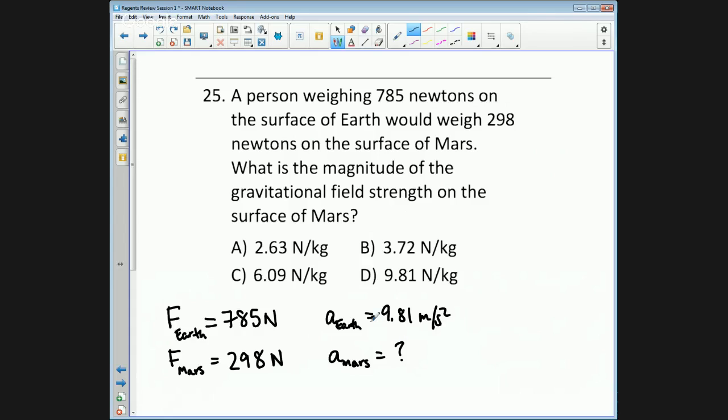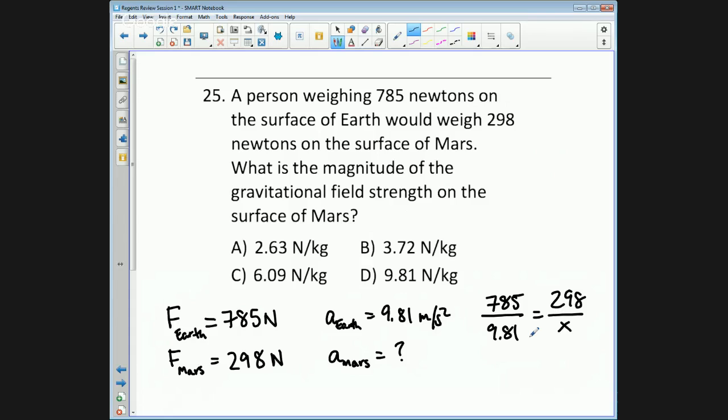You can solve for the mass and then plug it into Newton's second law, but I'm just going to set up a ratio: 785 over 9.81 equals 298 over x.